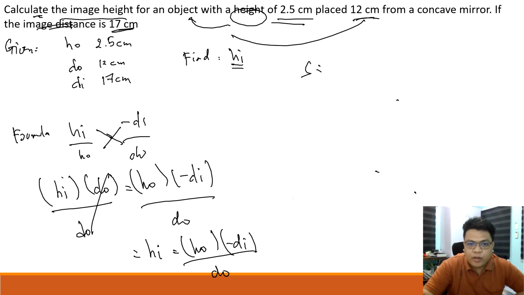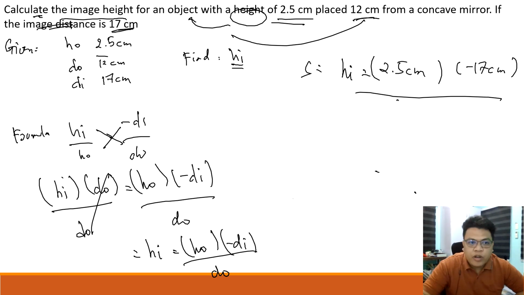So for our solution, we have here HI is equal to the value of HO, which is 2.5 centimeters, multiplied by our DI. So here negative, so we have negative multiplied by positive 17 will be coming up with negative 17 centimeters over our DO, which is 12 centimeters.